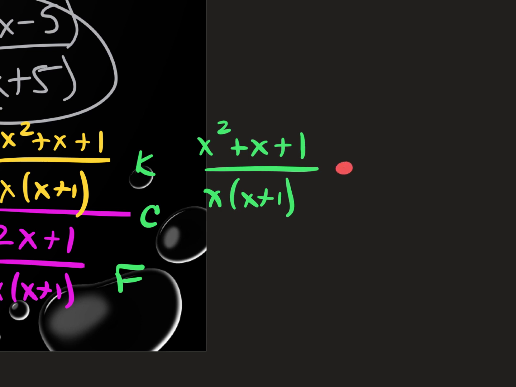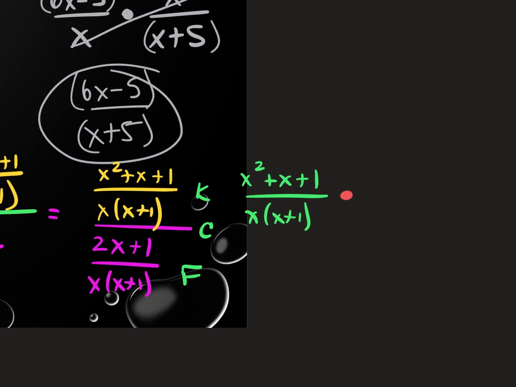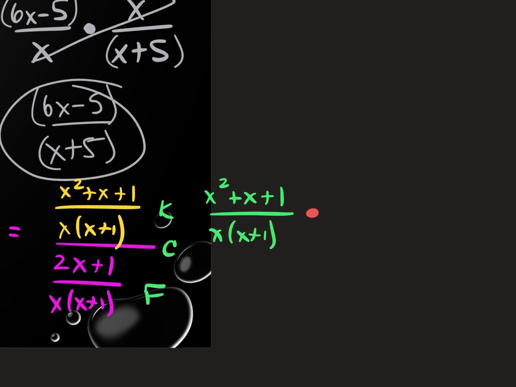And then when we flip, what does our fraction become? When I flip my denominator, what does it look like? X, good, times x plus 1 over 2x plus 1. Awesome. Now I look, is there anything on the top and the bottom that is exactly the same? X and x, good. And my x plus 1, x plus 1.